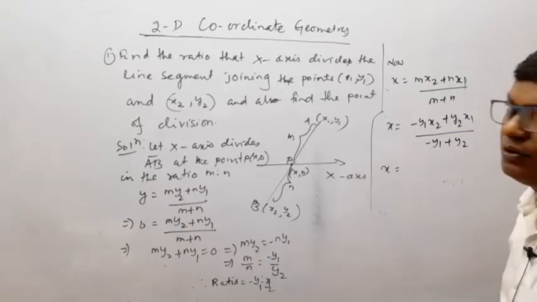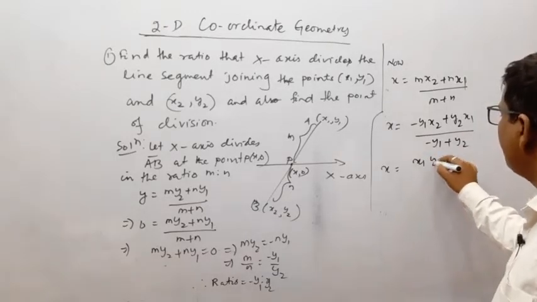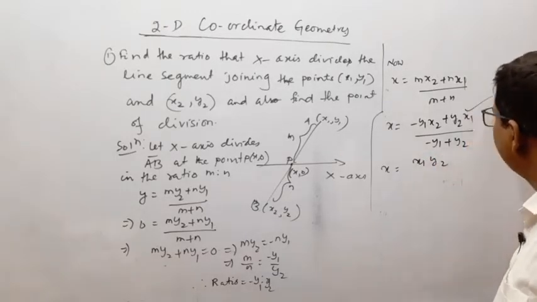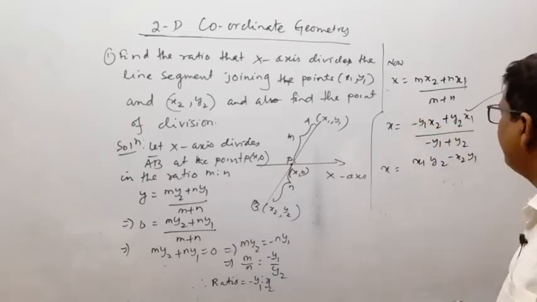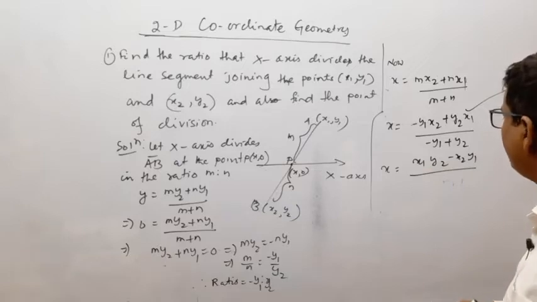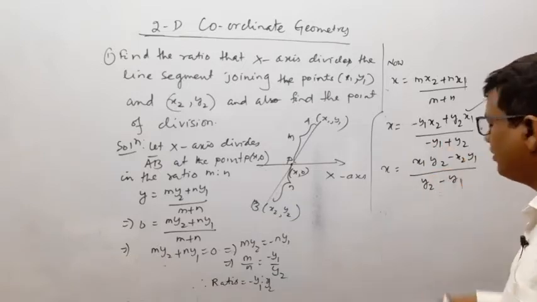So x is equal to x1 y2, write this term first, then minus x2 y1, divided by y2 minus y1.